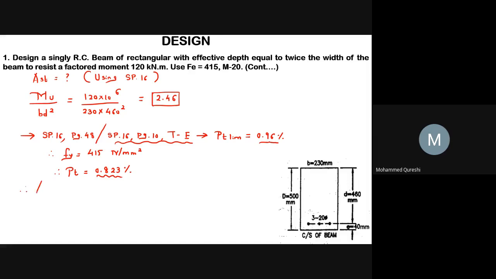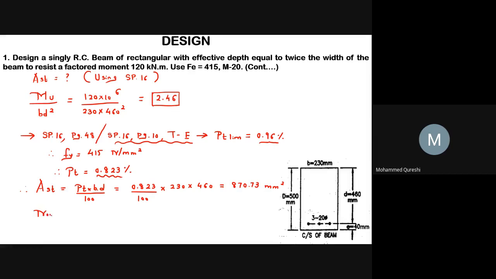Now, therefore, we know the equation Ast equals Pt BD by 100. So Ast equals put the value of Pt as 0.823 divided by 100 into B as 230 into D as 460. So you will get value of Ast as 870.73 mm square.